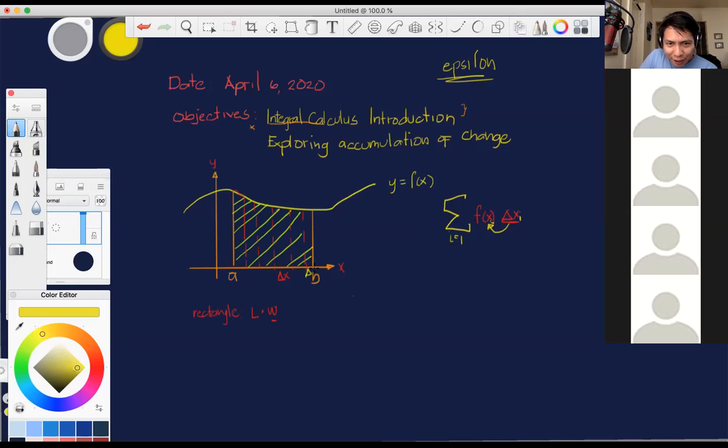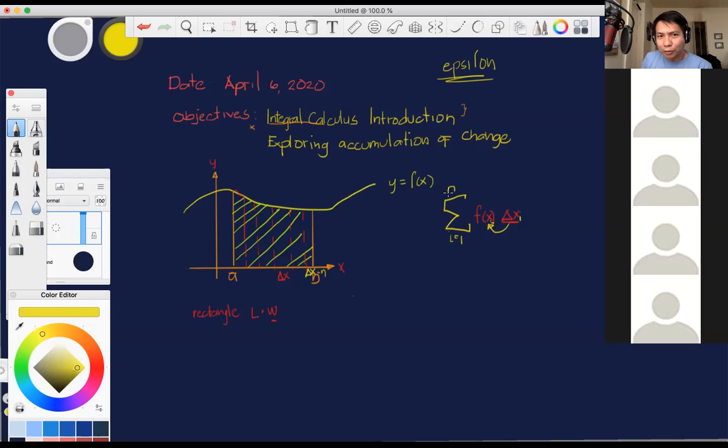So let's say we have a delta x here that is equal to n. So as i is equal to 1, we add it all the way up as delta x approaches n. So again, guys, this is more of an approximation.